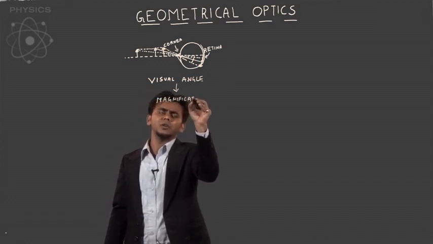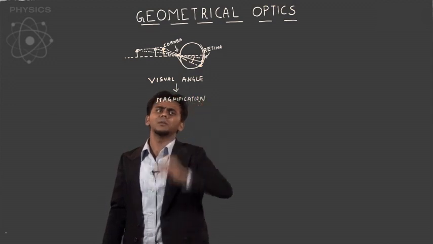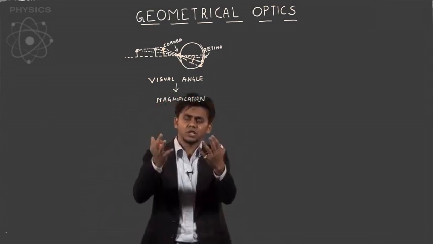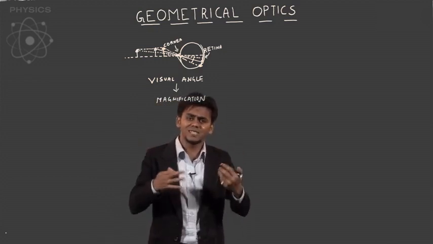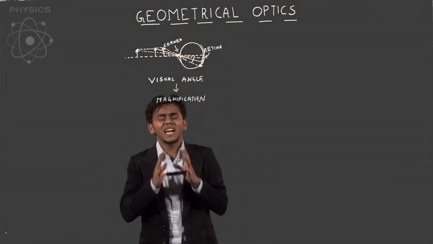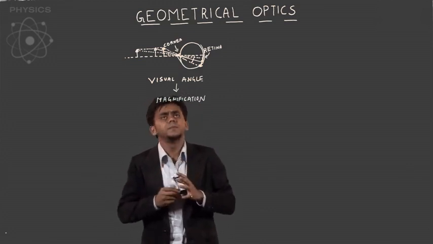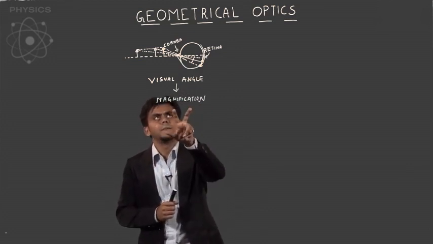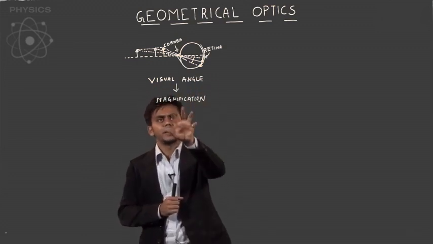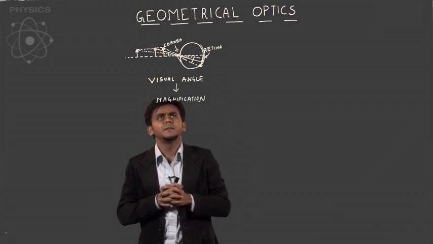If I can somehow increase or manipulate my visual angle, I'll have a magnification of the object, or I'll see a magnified image. Now over here, I have a lot of optical instruments which do the same work. They manipulate the visual angle to produce a magnification, right?